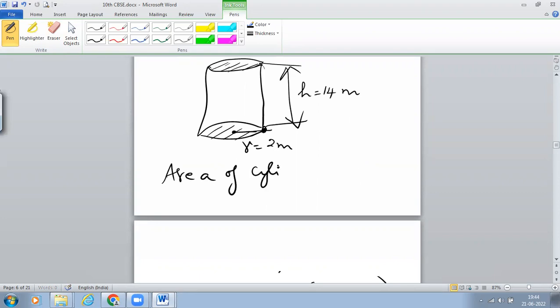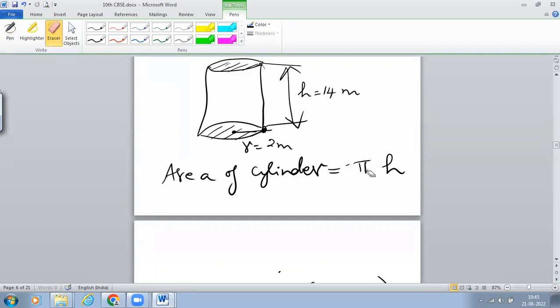So area of the cylinder means simply the total surface area. What is the total surface area of the cylinder formula? That is 2 pi r into h. Do you know the formula? Sorry, I forgot. Listen. This is not the formula. This 2 pi r h is the curved surface area formula.